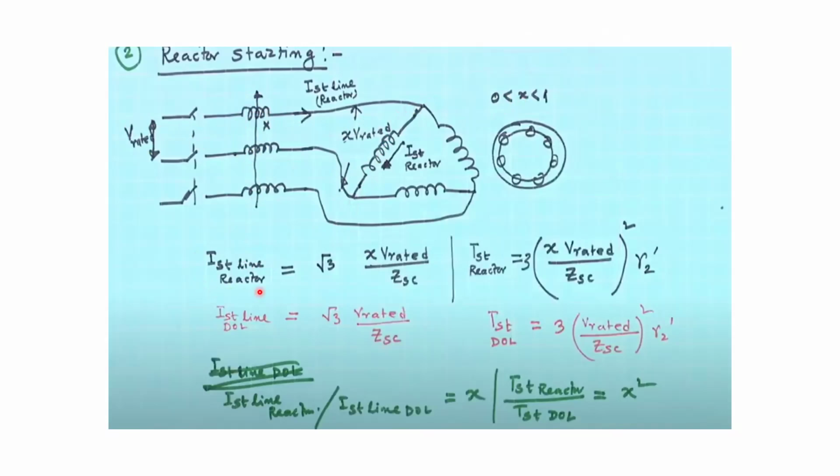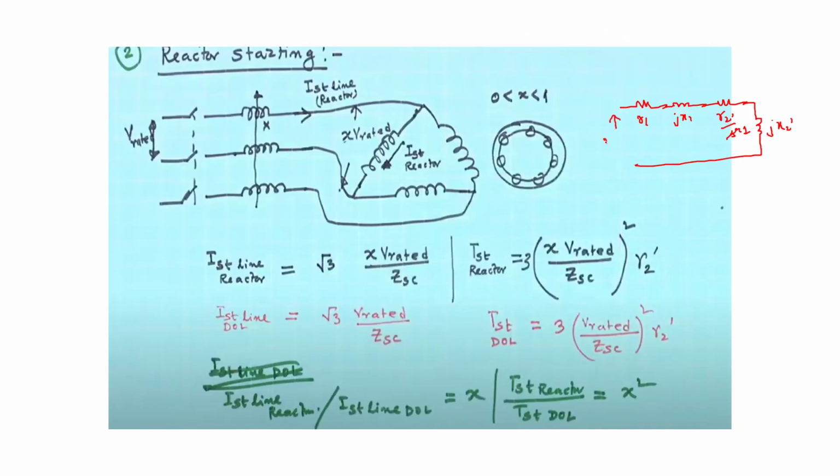So here, the starting line current. First of all, what will the starting phase current be? What is the equivalent circuit diagram? It is like this: you have R1, jX1, R2 dash, jX2 dash, and R2 dash by S, but S is equal to 1, so R2 dash.